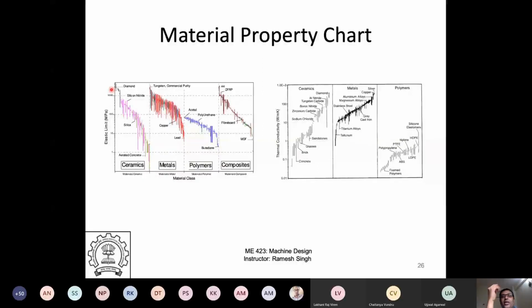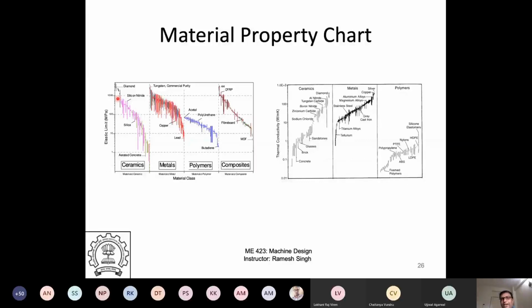The problem with most of the ceramics, if you understand what ceramics are, is that ceramics have very high modulus of elasticity, and they have very high compressive strength. So they're very strong under compression. But the moment you start doing tension, these things are not that good for tension.